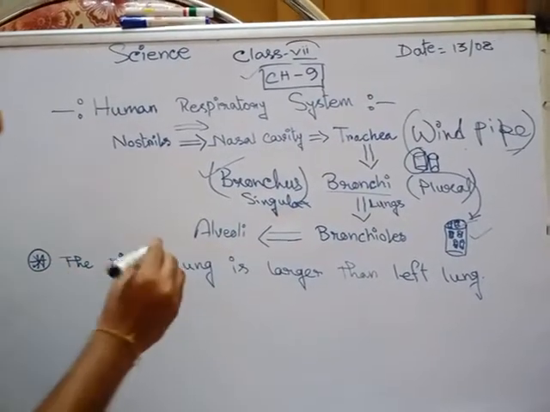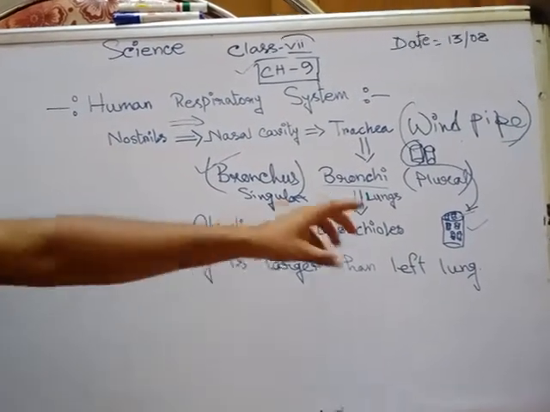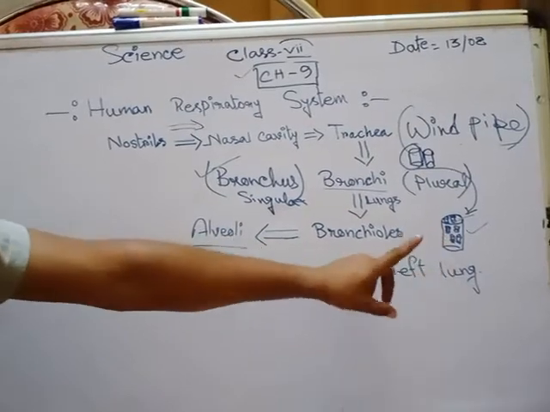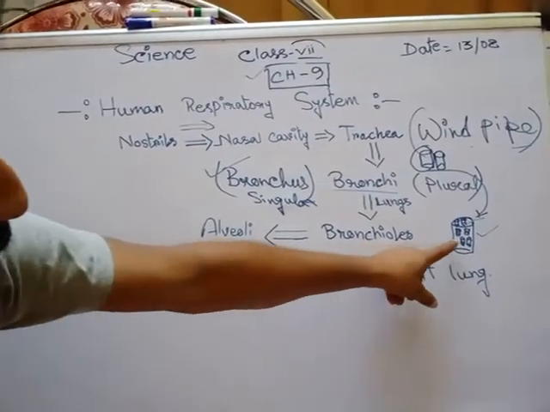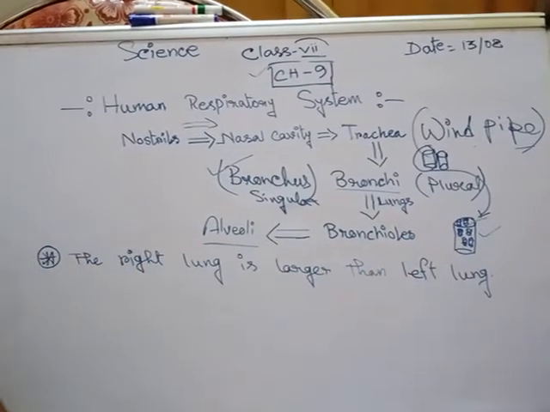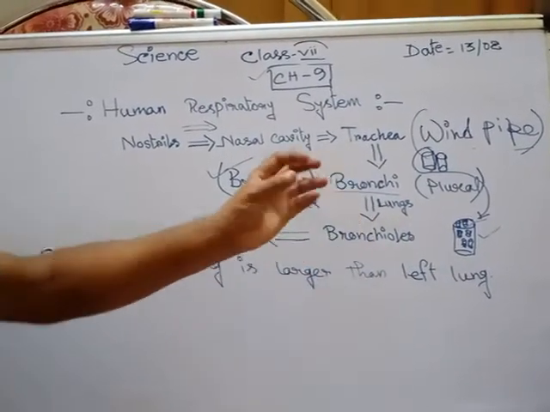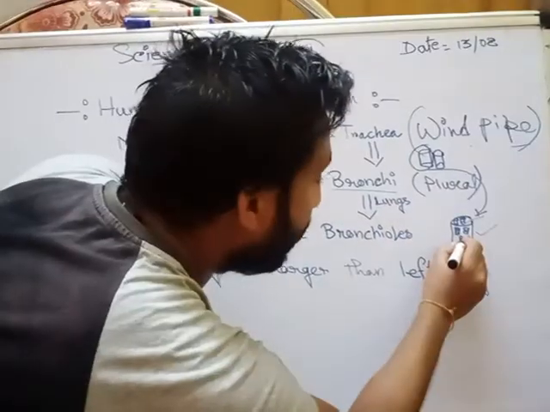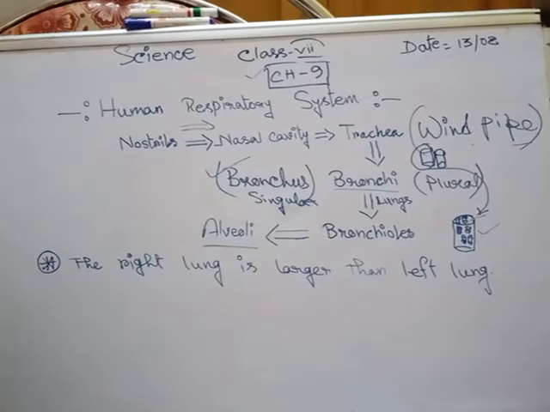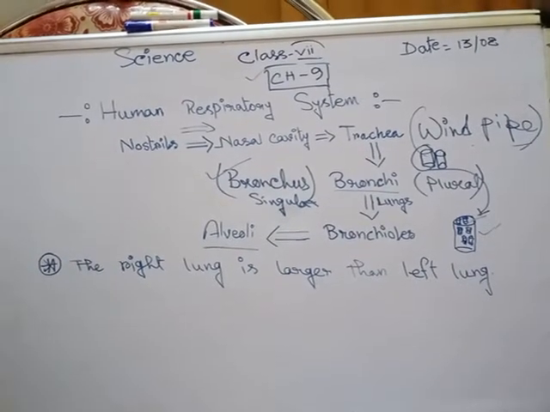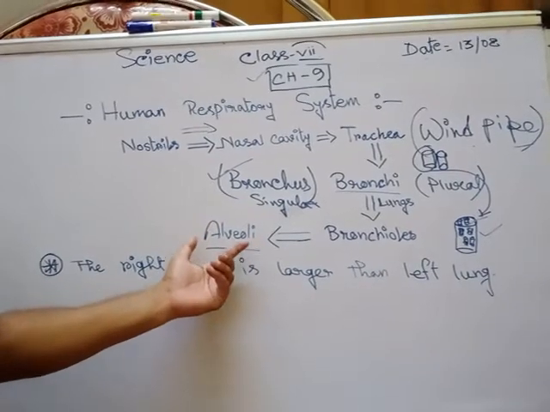That means each tube-like structure is called a bronchiole, and at the end portion of each bronchiole there is a teeny air sac. Here is the teeny air sac, where air will collect. So the teeny air sac is called an alveolus.